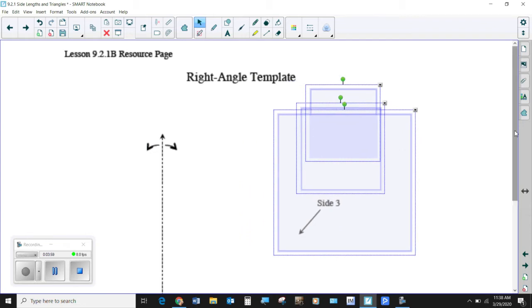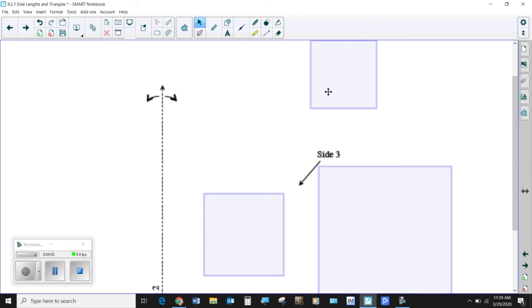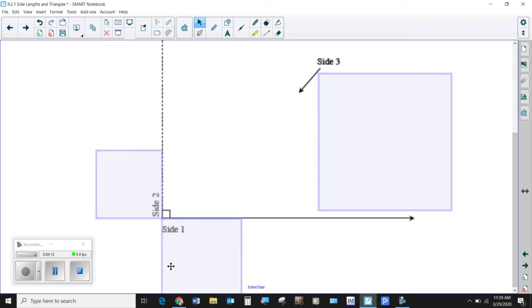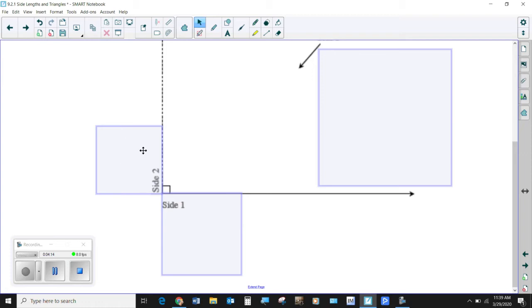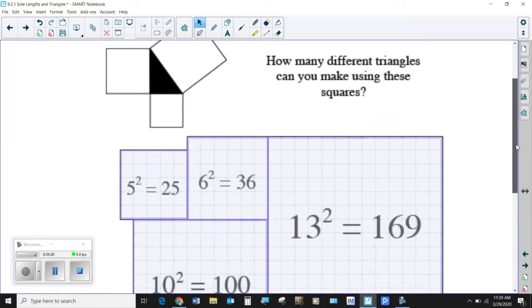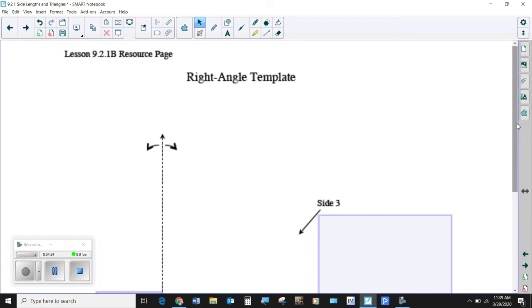So what you always want to do is take the 2 shorter or 2 smaller squares, and you want to set these so that they form a right angle with the side lengths. So I believe this one was my 5, this one was my 6, and this was my 10, correct? 5, 6, and 10. I don't have the luxury of having those numbers printed on there. You will have the numbers printed on yours.